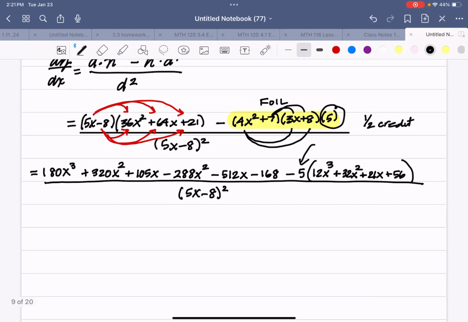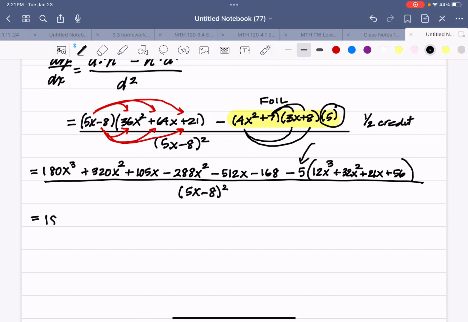So I can go ahead and combine a few of these things. Let's see, I've got 180 x cubed, but I can combine the 320 and the minus 288 x squared for plus 32x squared. I can combine the 105 and the minus 512 for a minus 407x. And then there's a minus 168.